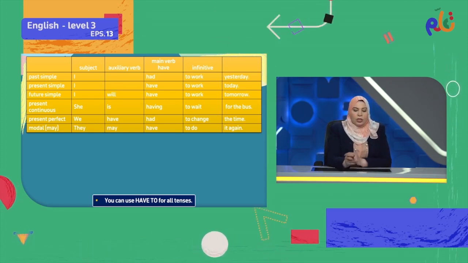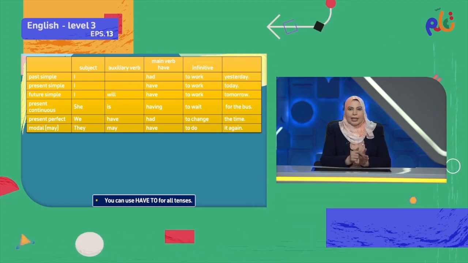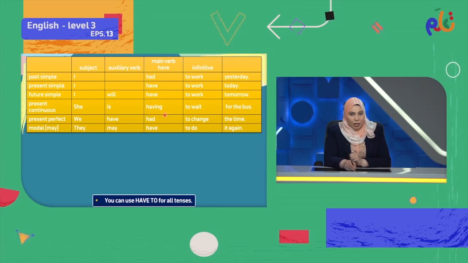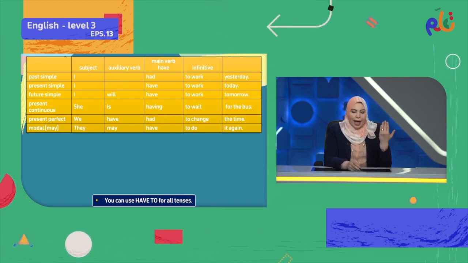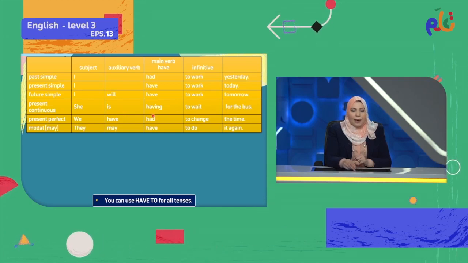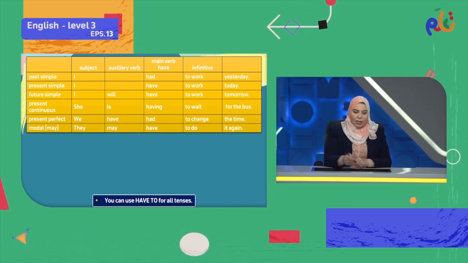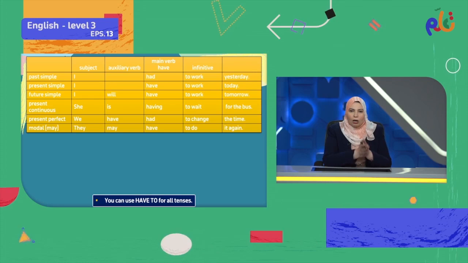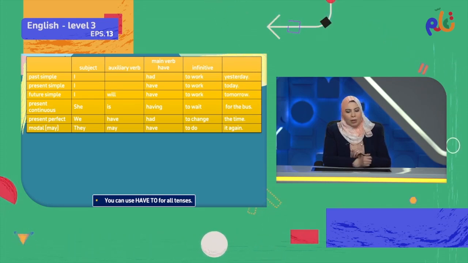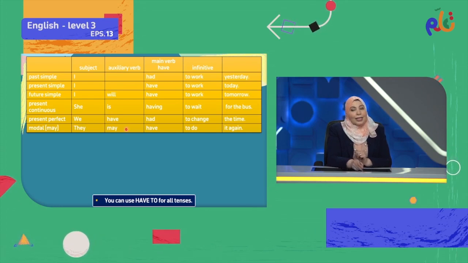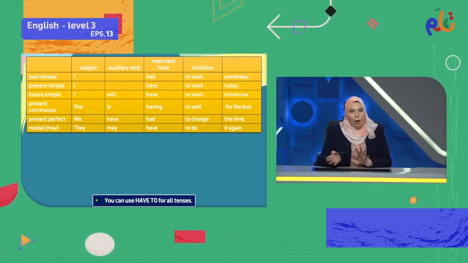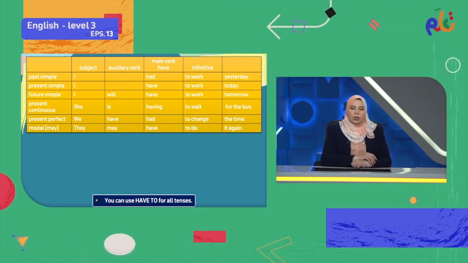For the present continuous, she is or he is having to. Present perfect, that we studied together before, again, have had to. Have is an auxiliary verb and the past of have is had. I have had to change a lot of things in my work. I have had to change a lot of things in my life. And with any modal, it's may have to, might have to do something.